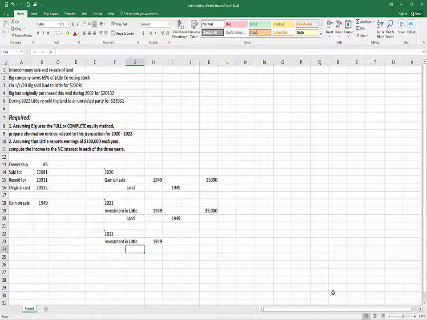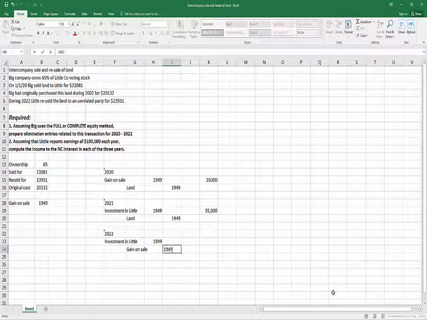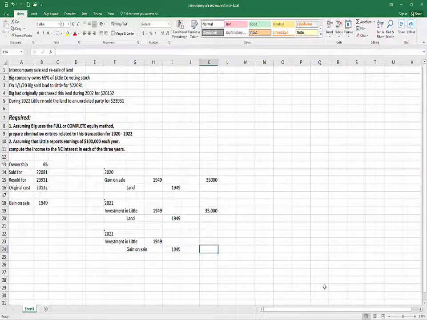So the gain gets to be recognized. The income to the non-controlling interest, again, 35% of the reported earnings. Reported earnings were $100,000, so 35% of that, $35,000.